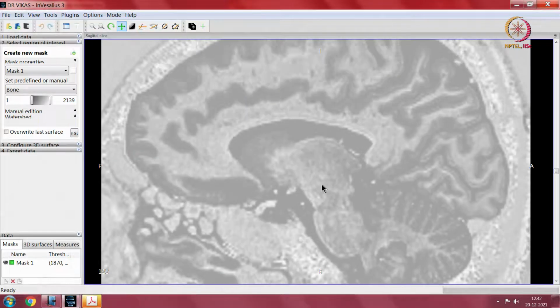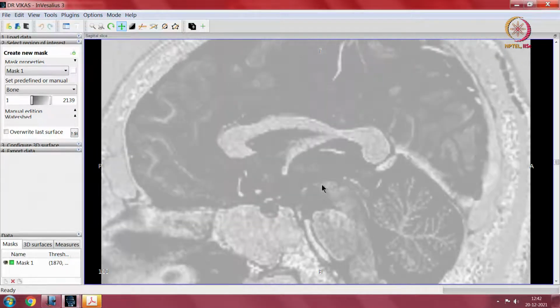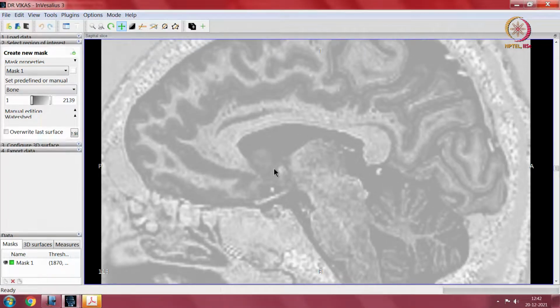We will see if we can trace out the aqueduct. This is the aqueduct, a central space communicating with the third ventricle. This is the fornix. So, third ventricle, and through the aqueduct into the fourth ventricle over here. That is how it is arranged.